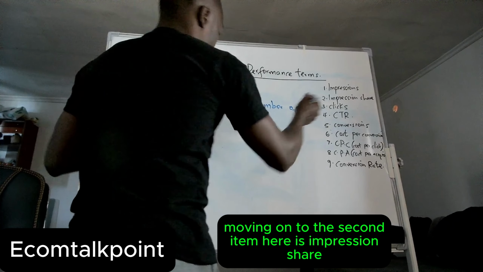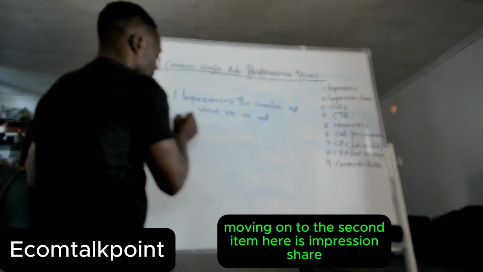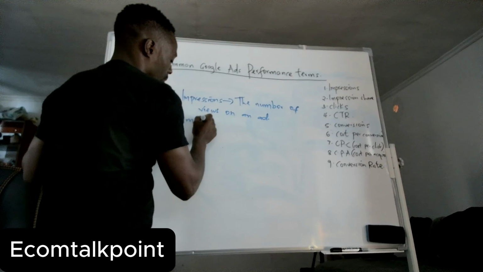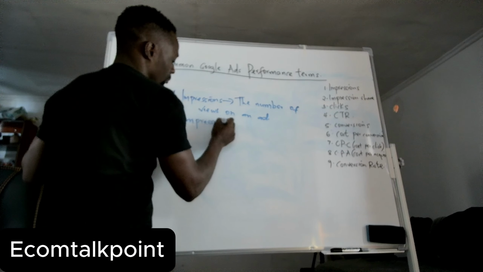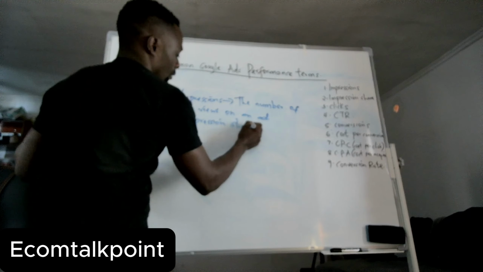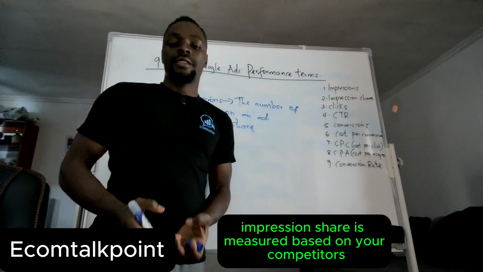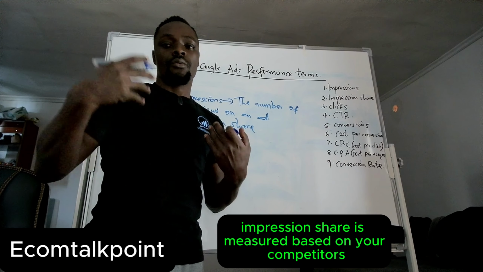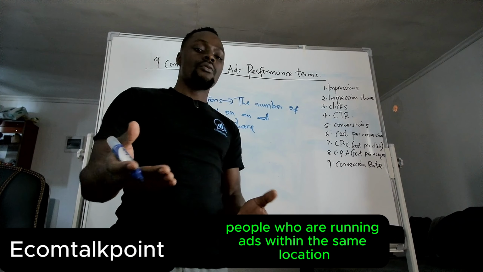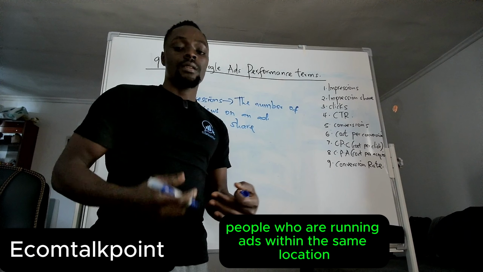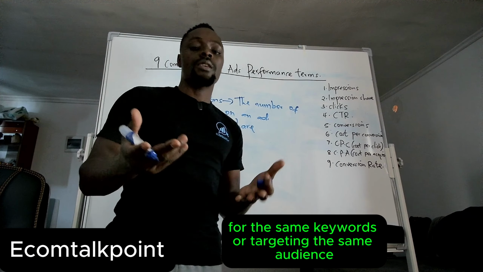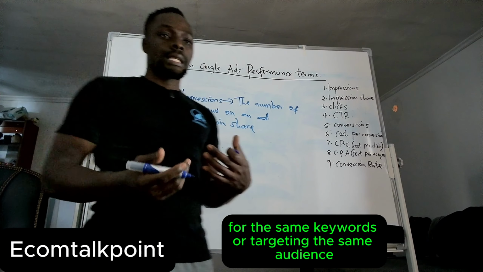Moving on to the second item here, impression share. Now, impression share is measured based on your competitors, people who are running ads within the same location for the same keywords or targeting the same audience.